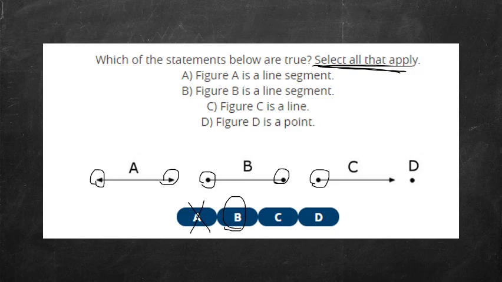Okay, so figure C would not be an answer choice. All right, figure D is a point. Well, yeah, I know that I can place that little dot on any line and it can be identified as a point on that line. So answer D would be a true statement.